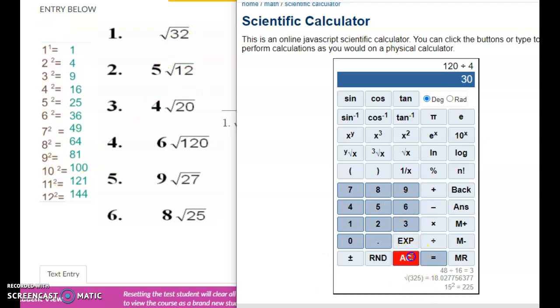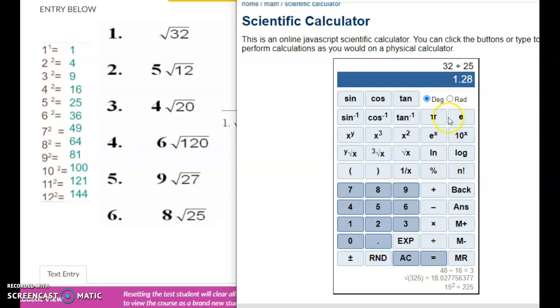Okay. You also have this online calculator there. So we'll take the radicand, which is 32, and we're going to divide. We can start with 25, just in case.